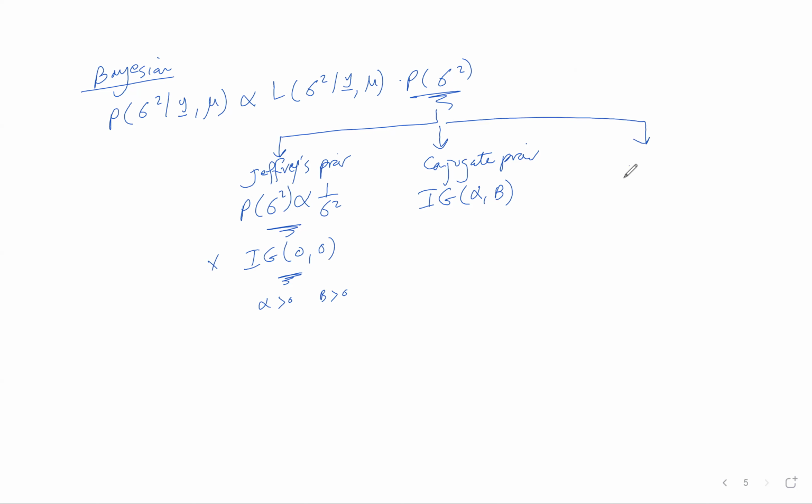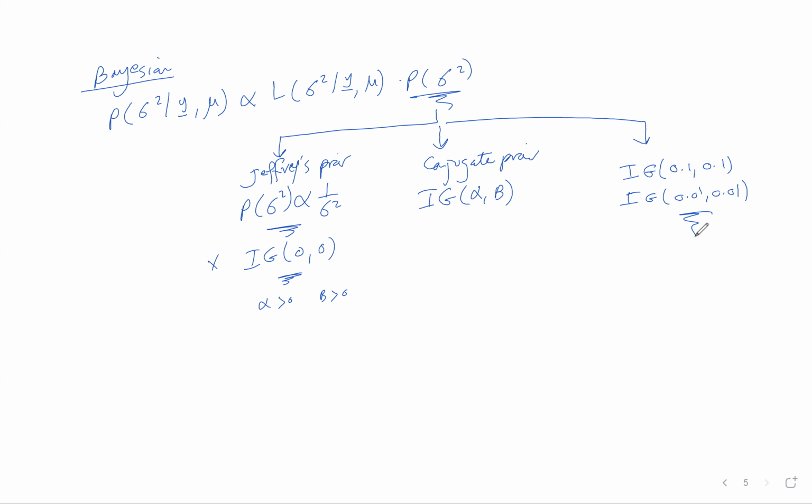We can use inverse gamma with a very small value for alpha and a very small value for beta. So you can use inverse gamma 0.1, 0.1, or inverse gamma 0.01, 0.01. These ones are non-informative, but at the same time they are proper priors.